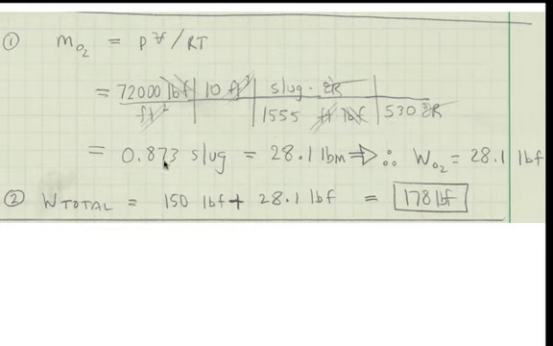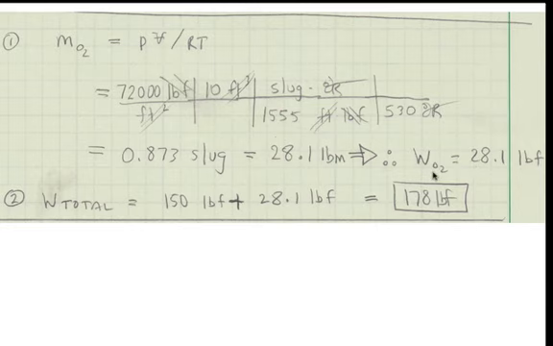The answer is 0.87 slugs, which I immediately converted to 28.1 pound mass by multiplying by 32.2, which is a conversion ratio. Then I immediately noted that if the mass is 28.1 pounds mass, then the weight of the oxygen will be 28.1 pound force.